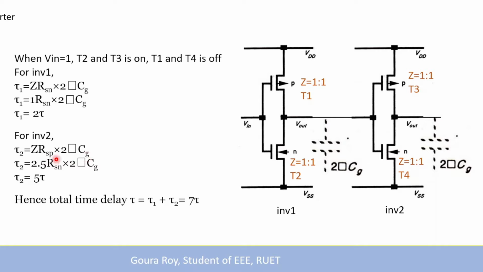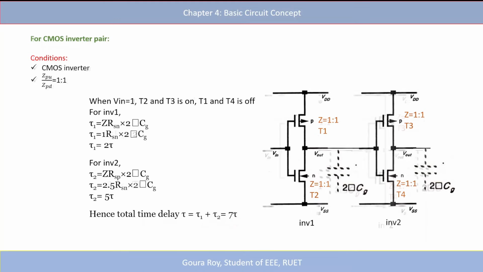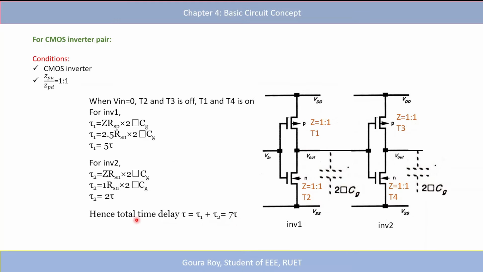As you know, the seed resistance for the p-channel transistor is 2.5 times the seed resistance of the n-channel transistor. So tau 2 becomes 2.5 RSN multiplied by 2 square Cg, which results in 5 tau. Hence the total time delay is tau 1 plus tau 2, which results in 7 tau. Similarly, we can calculate the total time delay when input is 0.